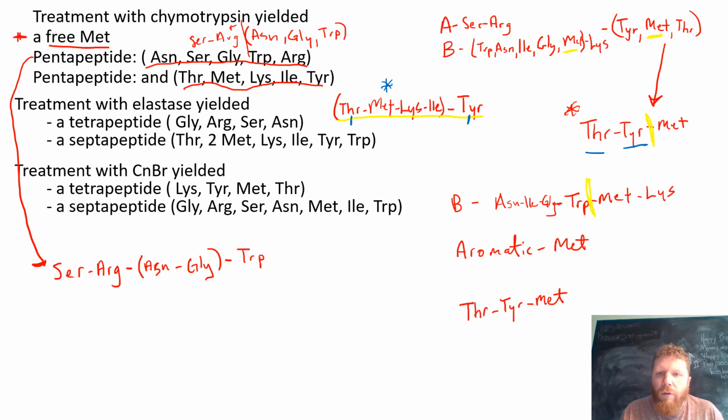So what we can do is take that polypeptide and rewrite it as MET, ILE, LYS, put those in parentheses because at this point we don't necessarily know the sequence of them.